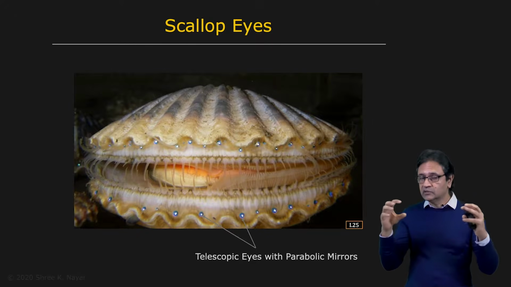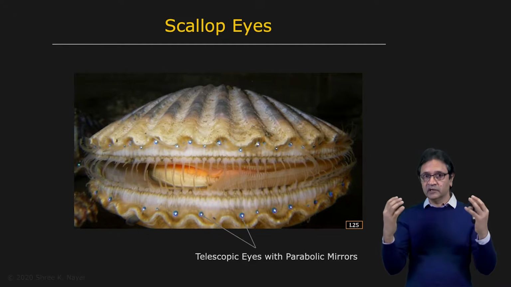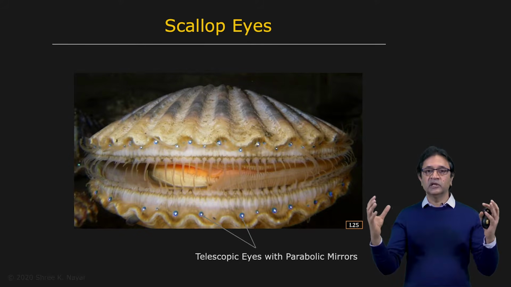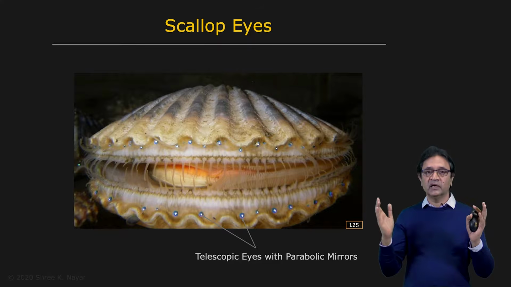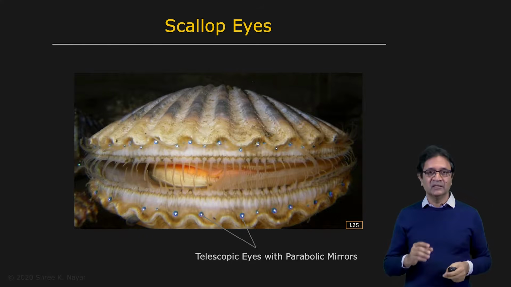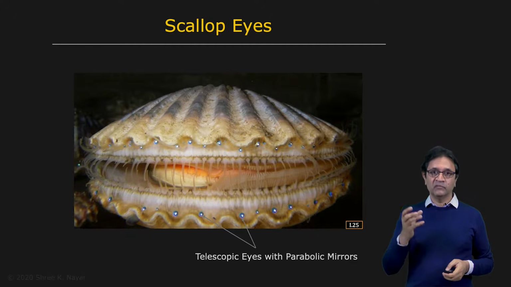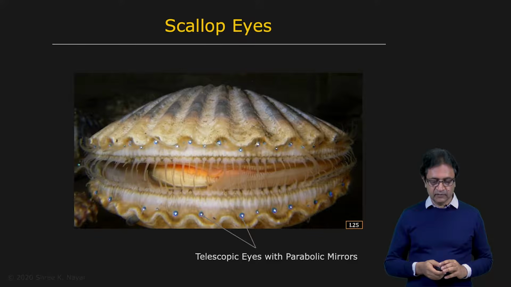So with hundreds of these eyes around its periphery, the scallop is able to get a pretty good idea of what the distribution of light is all around it. Just absolutely amazing. Just think about it. Nature creating an eye with concave parabolic mirrors.